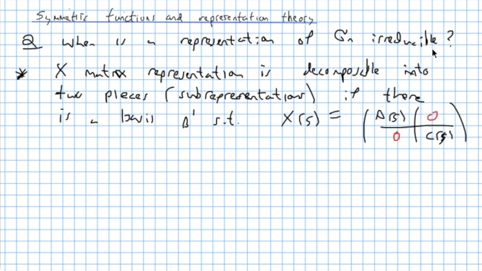And when this happens, I say that the representation X is a direct sum of the representations A and C, because I'm acting by blocks. So if I have the same size for all permutations g, then this block by itself is a smaller degree matrix representation, and the same for C.